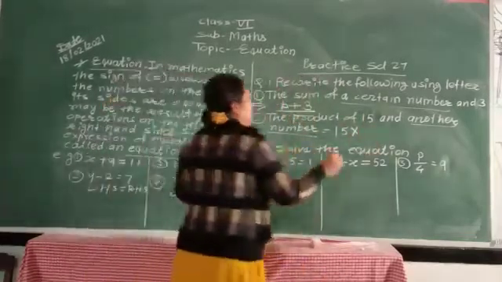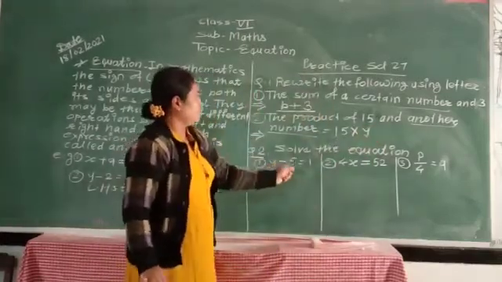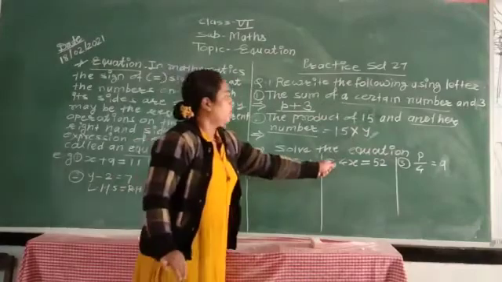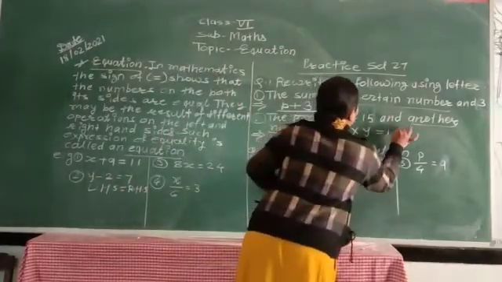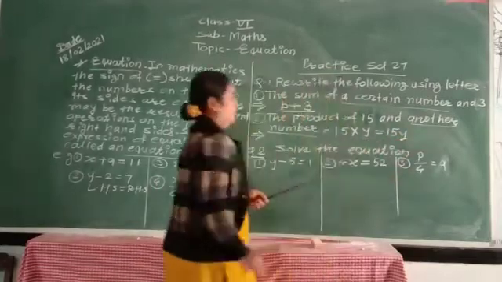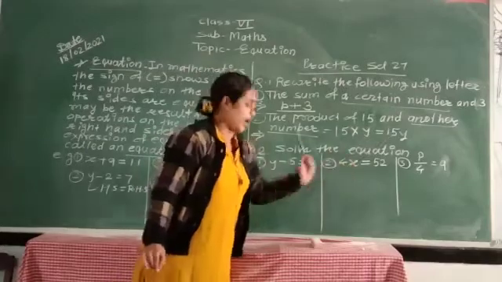I choose y. 15 multiplied by y. We also write this expression as 15y.